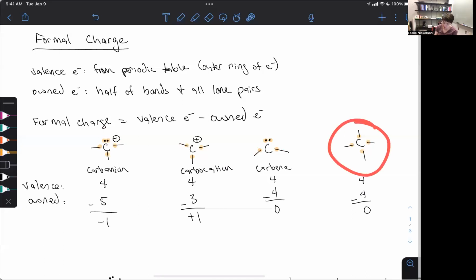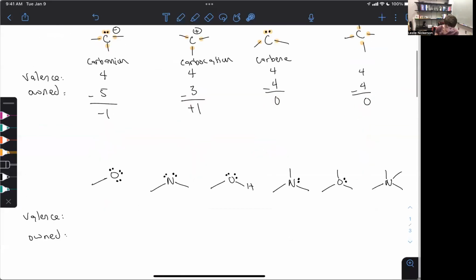So this is always going to add up to that, no matter what kind of multiple bond scenarios you have going on. If you've got carbon with a nitrogen, that's still a formal charge of 0, because I still have 1, 2, 3, 4 owned electrons and 4 valence.